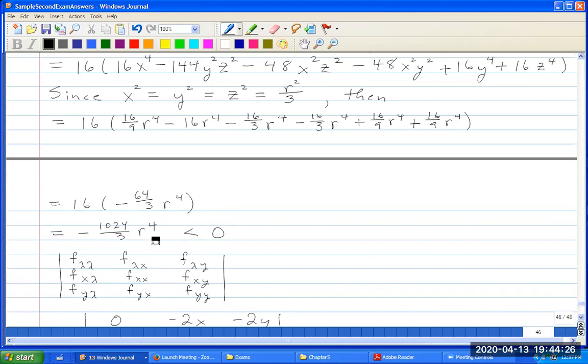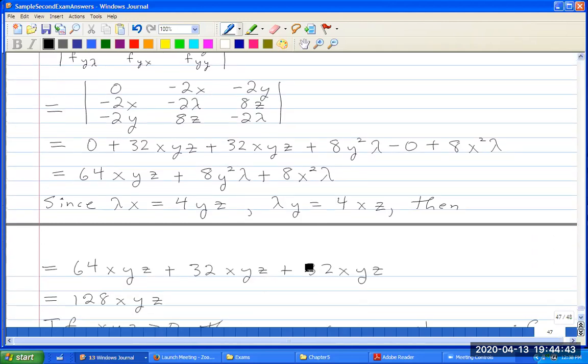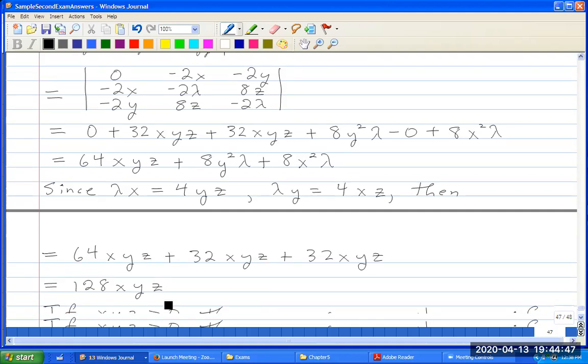Then take the next inner minor. Simplify, use the above facts as before to get the fact that x squared, y squared, and z squared was r squared over 3. And so then you simplify this.